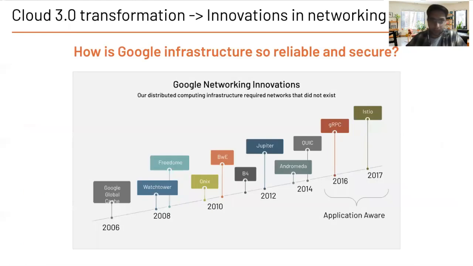Prior to starting TechTrade, I had the opportunity to work at Google for about 11 years. And a lot of people talk about how come Google infrastructure is so reliable and secure? How come it's so resilient?